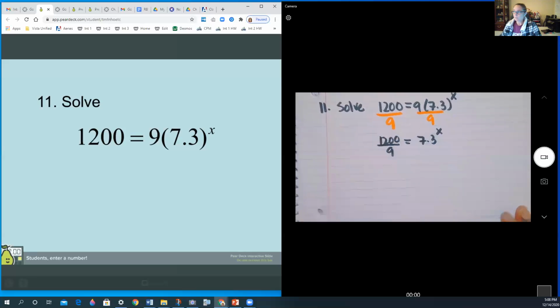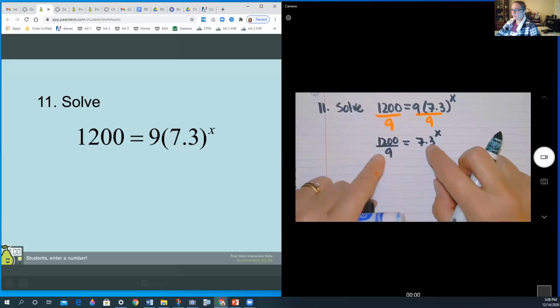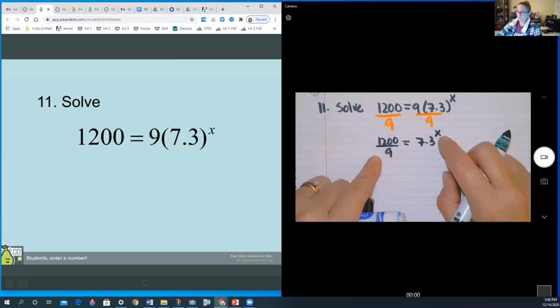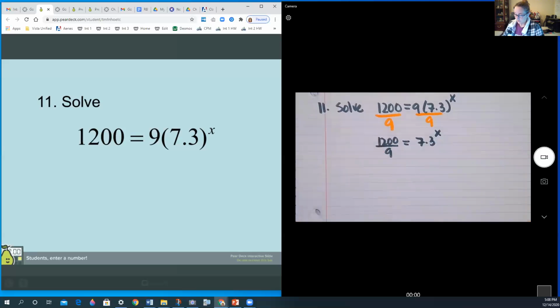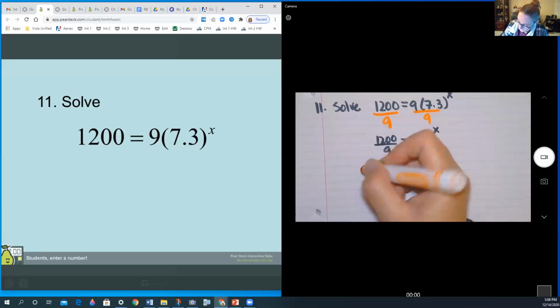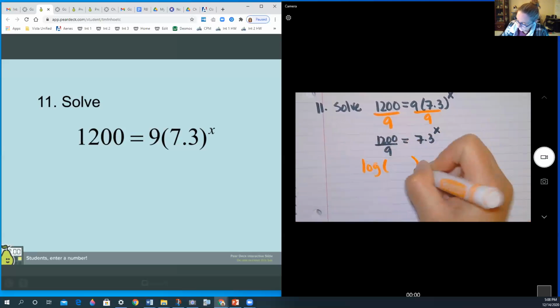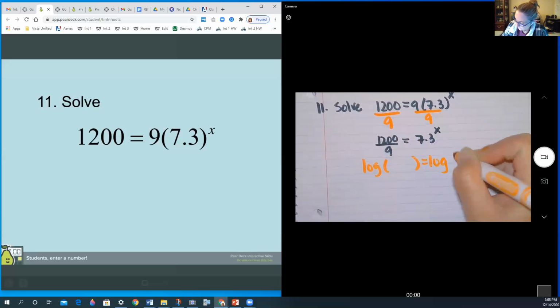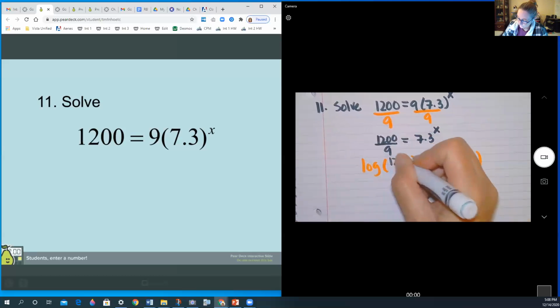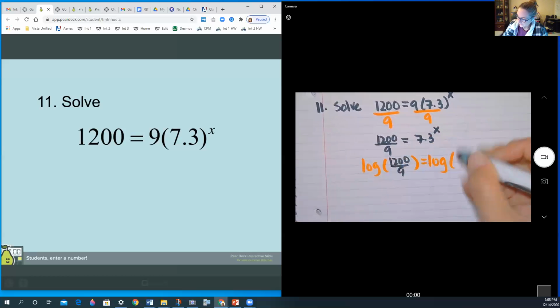And so now when I have a situation where I cannot make the bases be the same, and I have to solve for the exponent, I'm going to log both sides. So I'm going to be taking the log of 1200 over 9 and 7.3 to the power x.